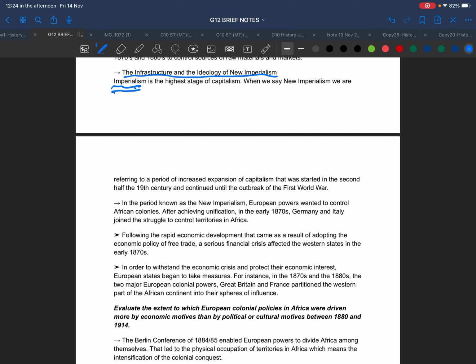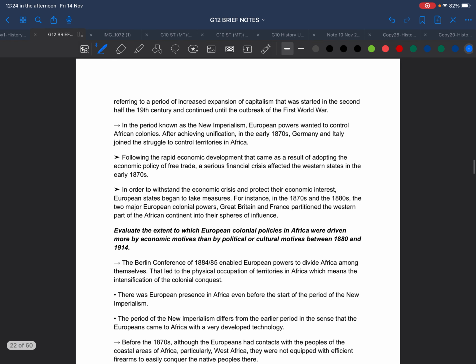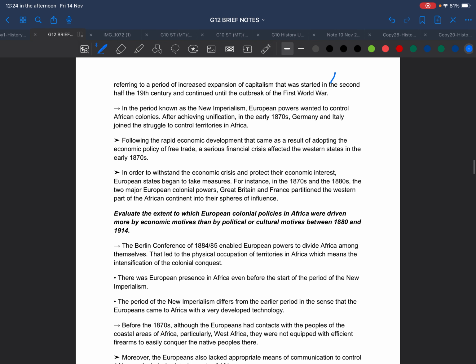When we say new imperialism, we are referring to a period of increased expansion of capitalism that started in the second half of the 19th century and continued until the outbreak of the First World War. Second half meaning 1850 to 1899. So this was the second stage.